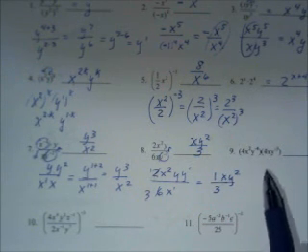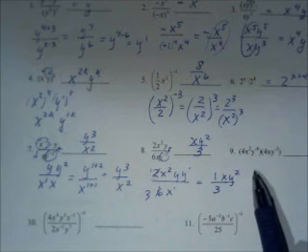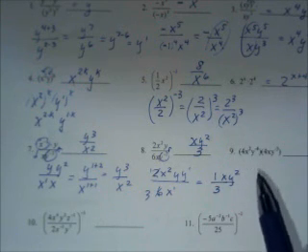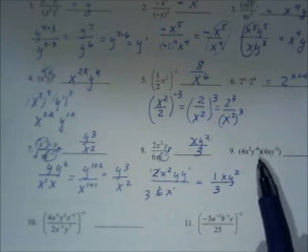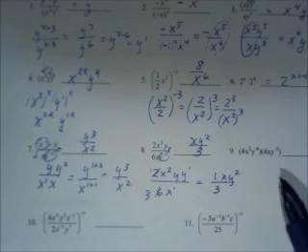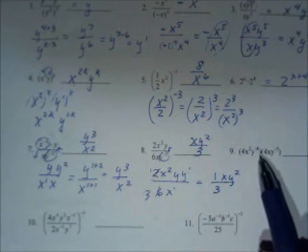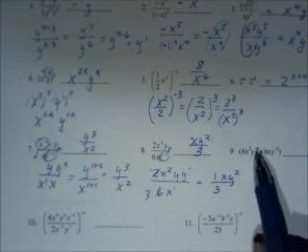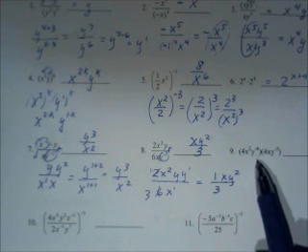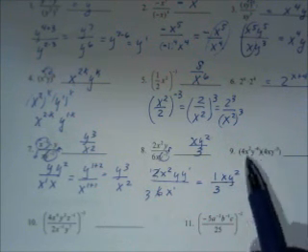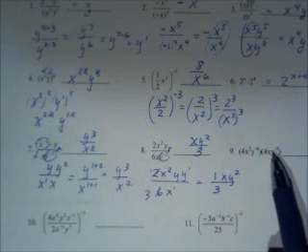Okay, next, number 9, we have 4x squared y to the negative 4 times 4x y to the negative 3. All right, this is multiplication. So actually, instead of taking the negative exponents, writing them as positive exponents in the denominator, we're just going to do the straight multiplication here, right?